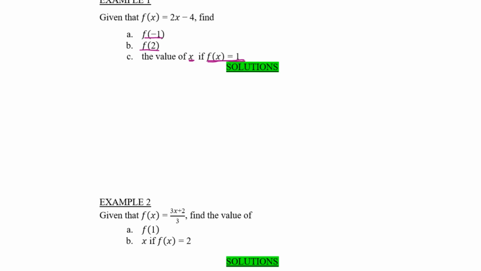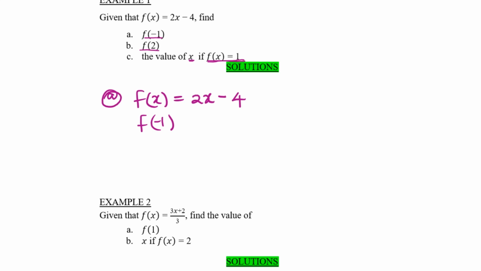Okay, so for the solution, we are saying for a, we have the function f of x, or the formula, is equal to 2x minus 4. Then we are saying we want to find f of negative 1.